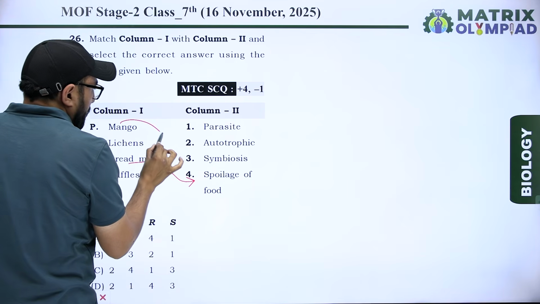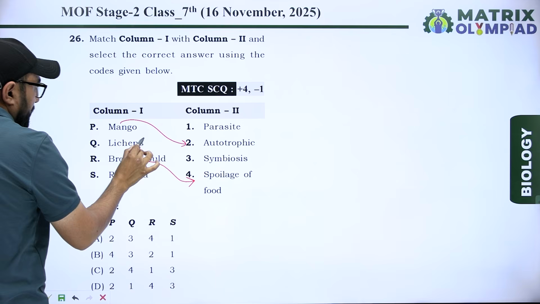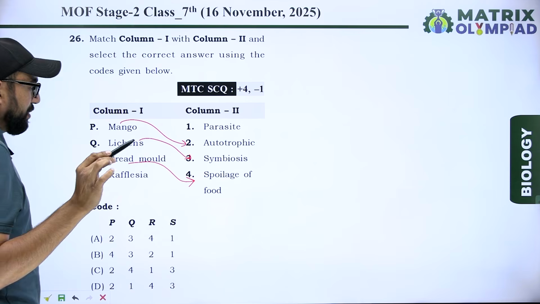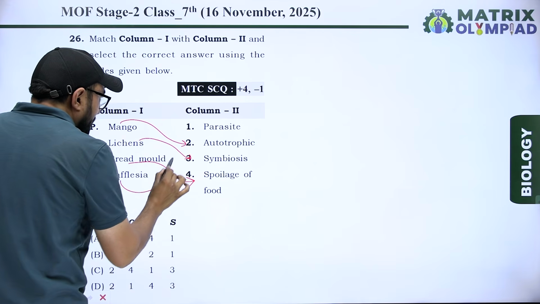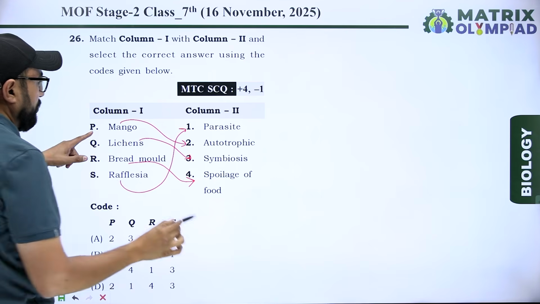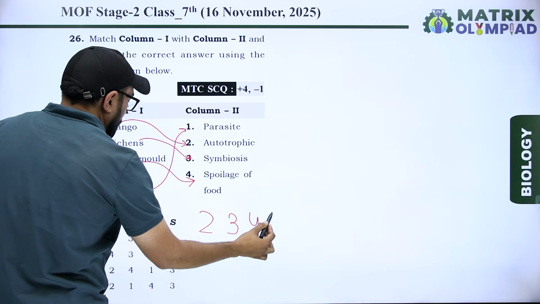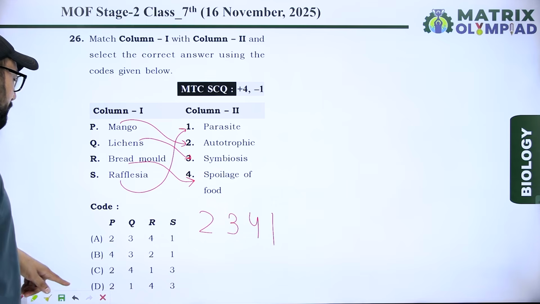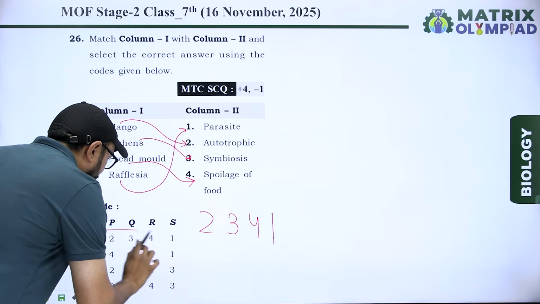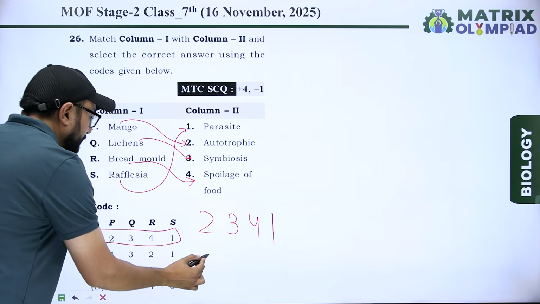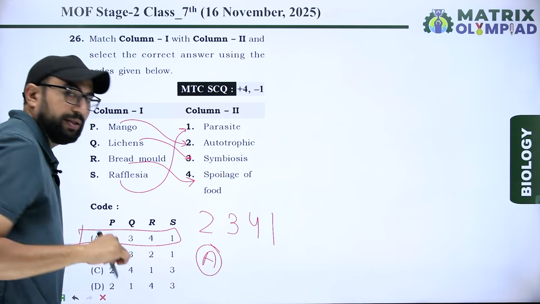Mango, autotrophic. Lichen, symbiosis. And rafflesia, parasitic. So the right answer is 2, 3, 4, 1, in option A. Option A is correct for this question.